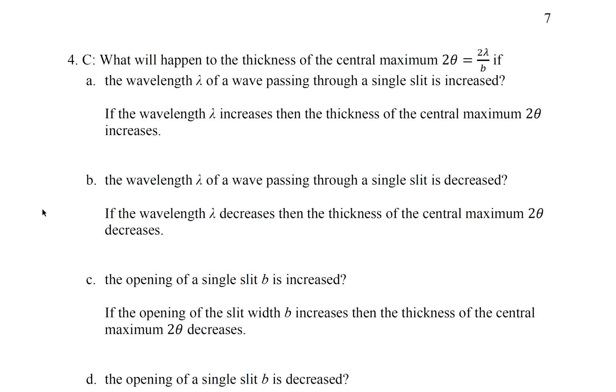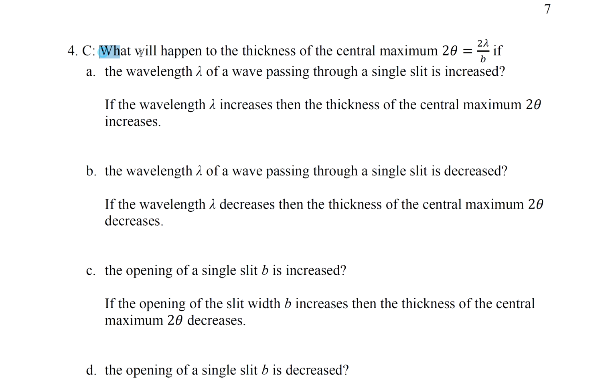Question 4, what will happen to the thickness of the central maximum if the wavelength of a wave passing through a single slit is increased? Well, if lambda increases, then theta increases, then 2 theta increases. Part B, if lambda decreases, then 2 theta decreases.